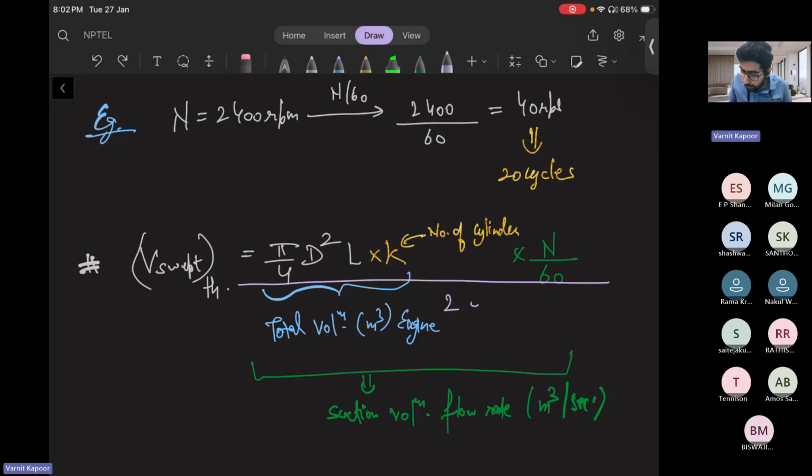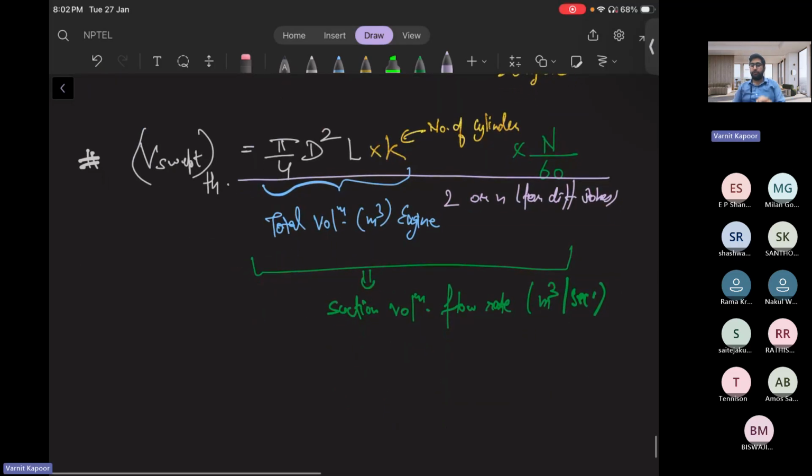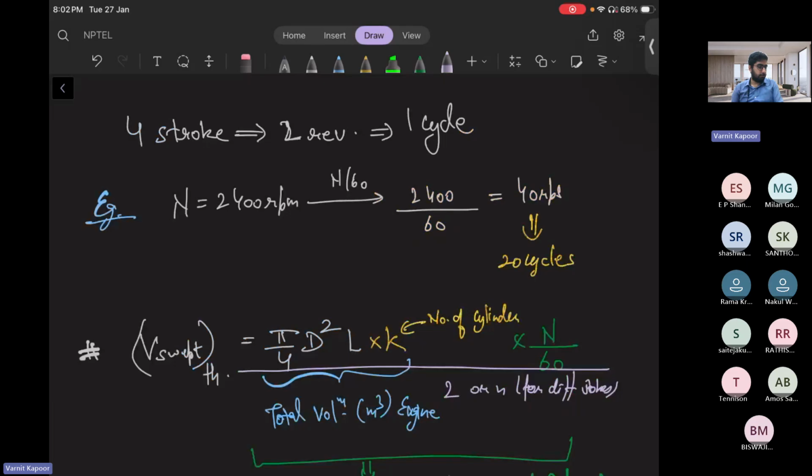So it is 2 or n, depending on the number of strokes for different engines. Then only you can say that it's a suction volume flow rate in meter cube per second. Any doubts still here? Please ask.